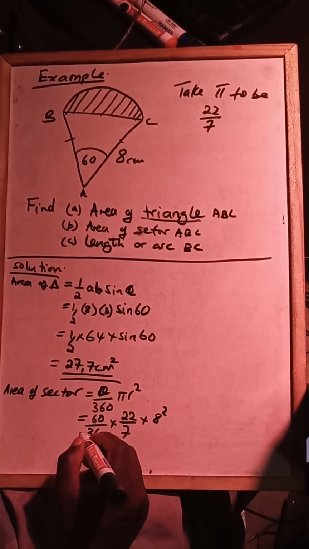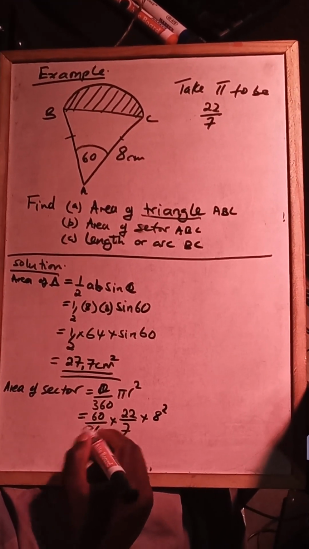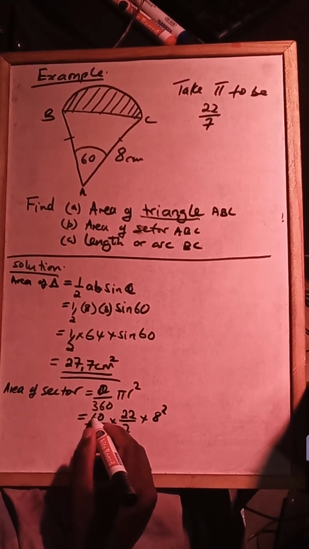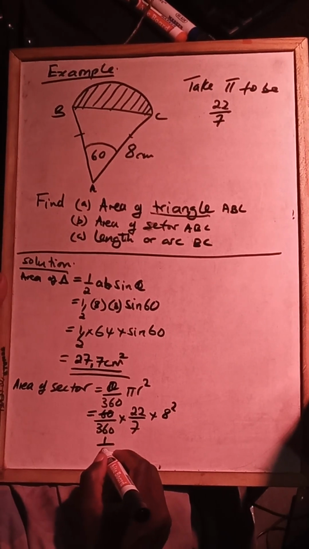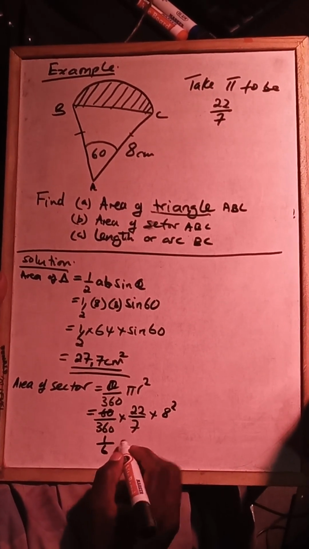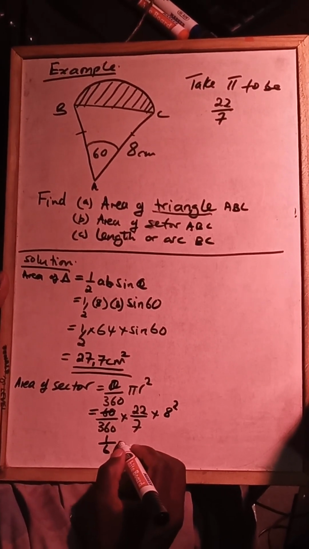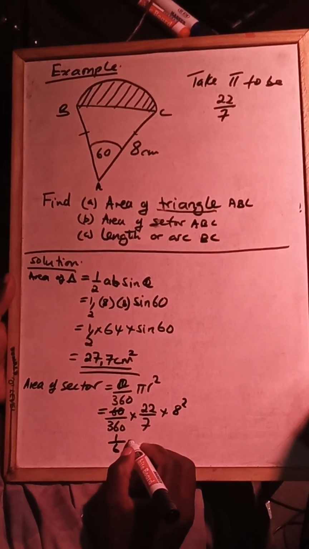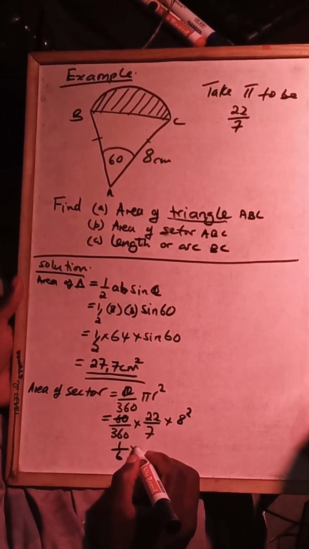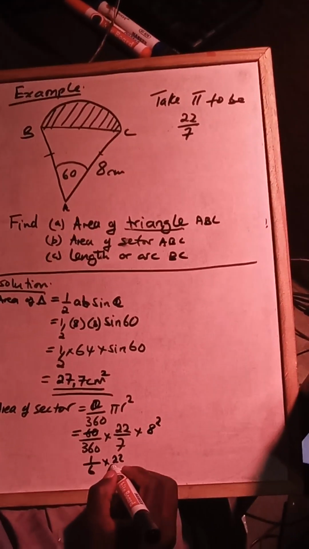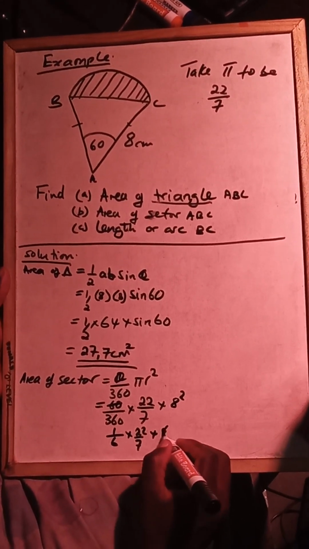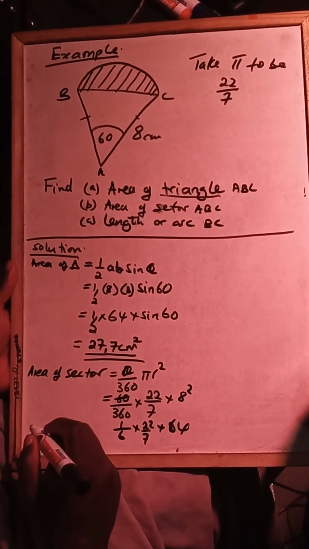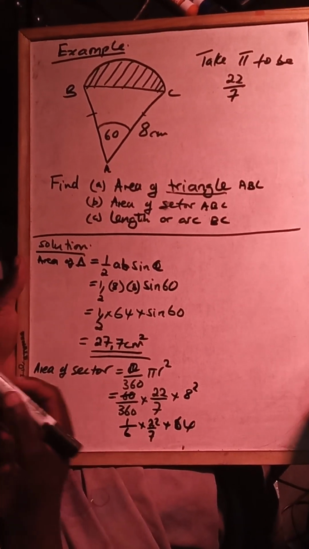Which is equal to 1 over 6 times 22 over 7 times 64, since 8 to the power 2 is 64.